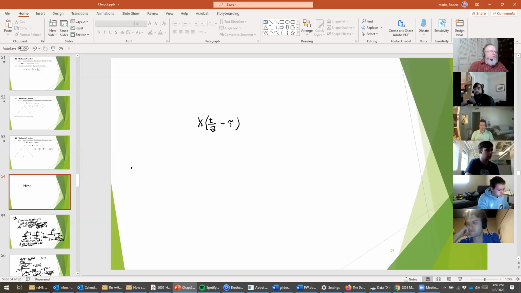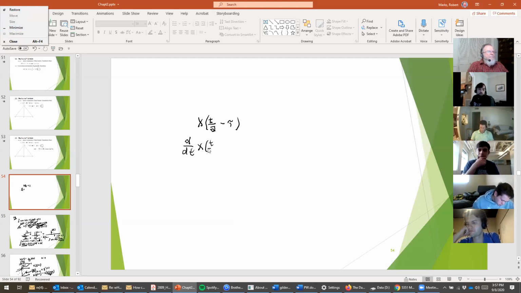Yes. Okay. So it turns out that d/dt of x of (t over a minus tau) is equal to what? 1 over a times x prime of (t over a minus tau), correct?